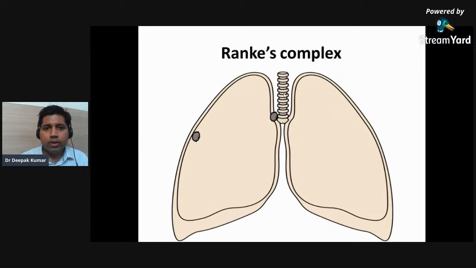Just recalling those complexes: this is the Ghon's focus, a subpleural area in the middle of the lung. Ghon's complex is Ghon's focus plus a paratracheal or mediastinal lymph node. Ranke's complex is a fibrosed Ghon's complex. Hematogenous spread to the apex: in the apical lesion, there are two names to remember. A fibrous lesion is called Simon's focus. An active lesion is called Assmann's focus.